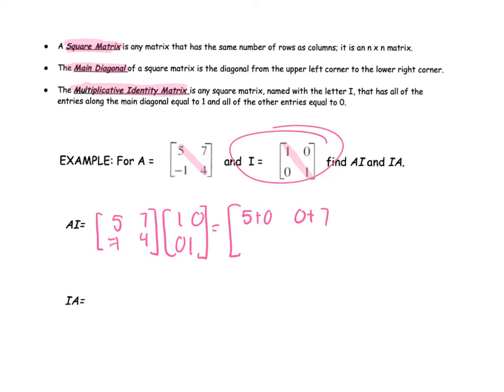Second row, first column: -1 times 1 is -1, 0 times 4 is 0. And then second row, second column: -1 times 0 is 0, 4 times 1 is 4. Then I add all these together and I get 5, 7, -1, and 4 as my answer.